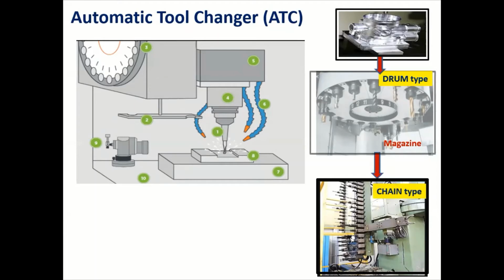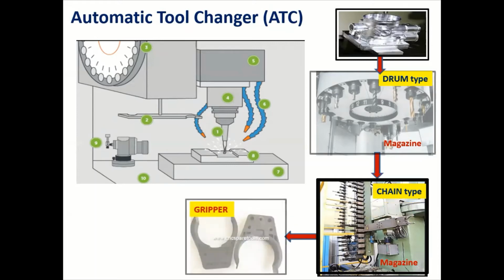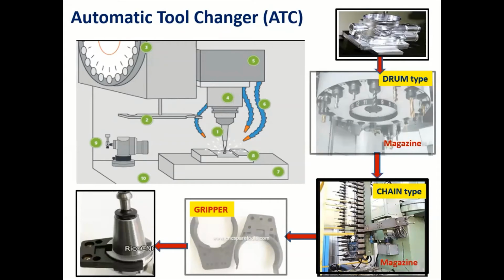A number of tools are mounted there, and with the help of these, that number of tools can be located. When you hold a tool holder, we need proper grips. I will show you here how we hold it in that gripper and pull it out from the spindle.